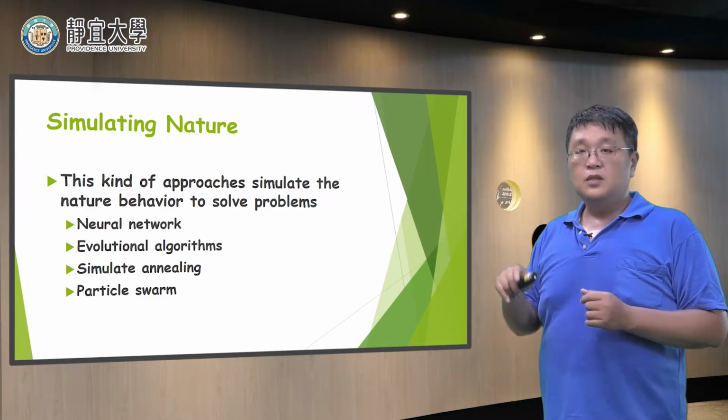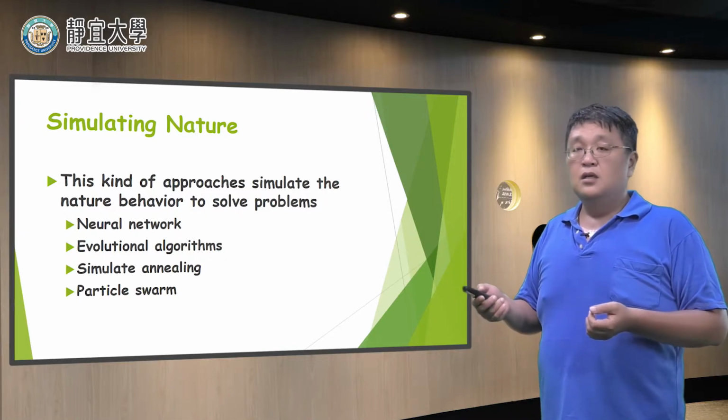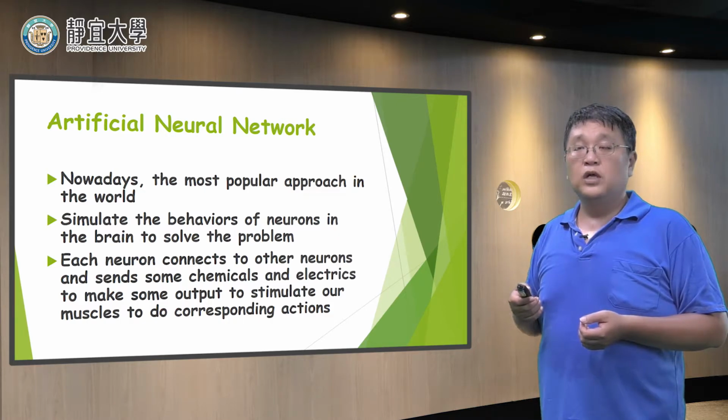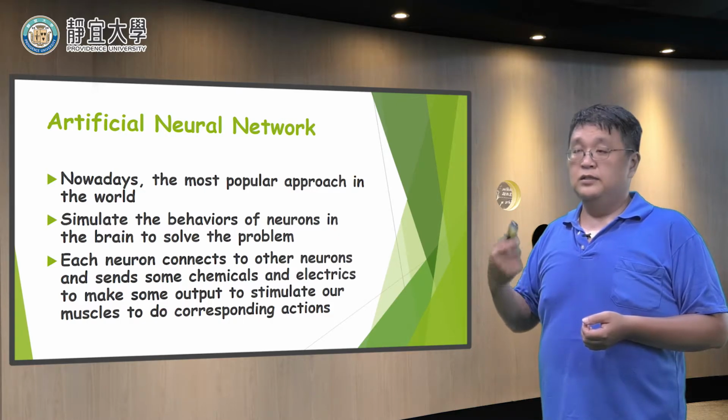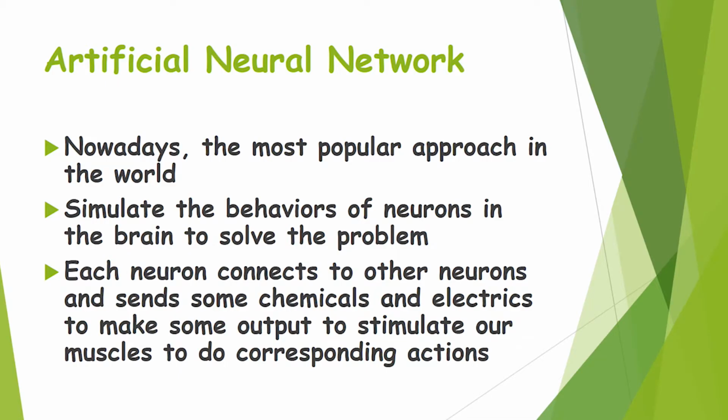So the neural network has become a popular thing. The artificial neural network we will talk about in detail in a following chapter, but right now just a brief introduction.